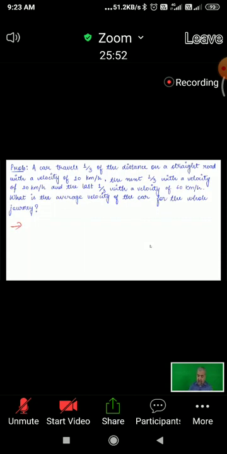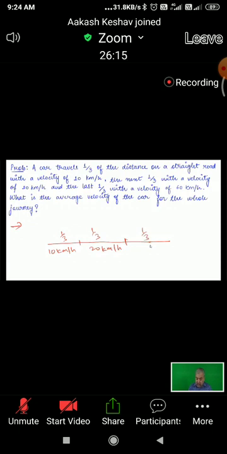Please concentrate. A car travels 1/3 of the distance on a straight road with a speed of 10 km per hour, next 1/3 with a speed of 20 km per hour, and next 1/3 with a speed of 60 km per hour. Now we have to calculate average speed during the entire journey.